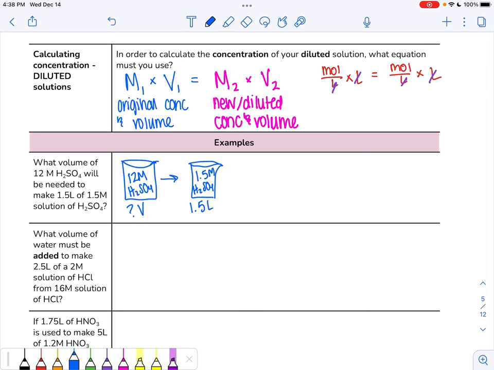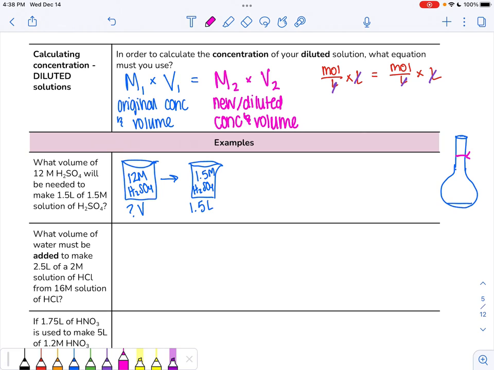So what I want to do is dilute my 12 molar acid to get me there. So I want to find the volume that I need to add to dilute this. I'm sure some of you have seen this in the lab, but when you do a dilution, what you can do is add some known volume of some known concentrated acid into what's called a volumetric flask.